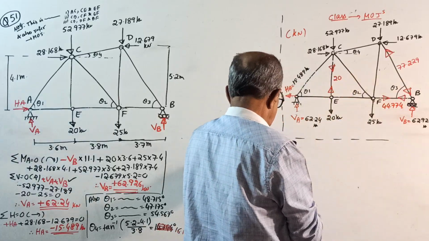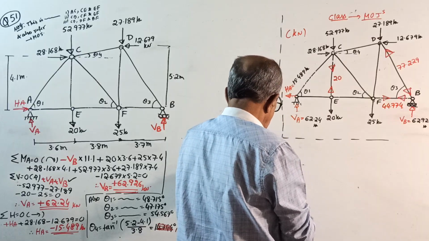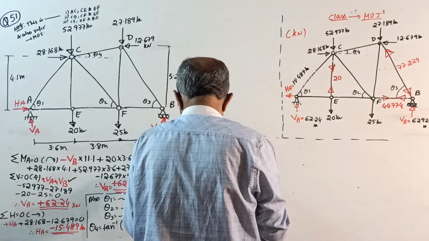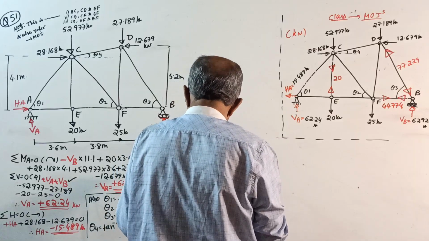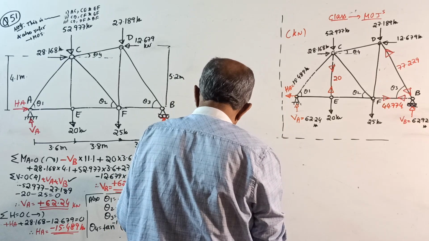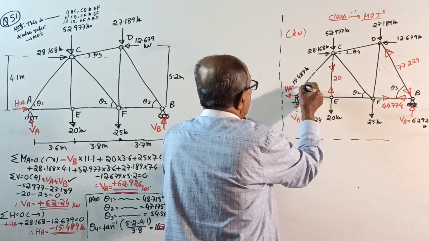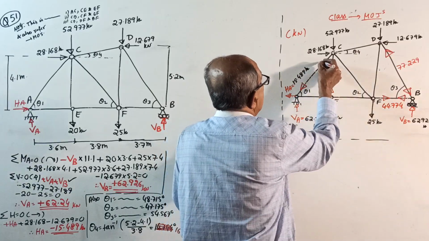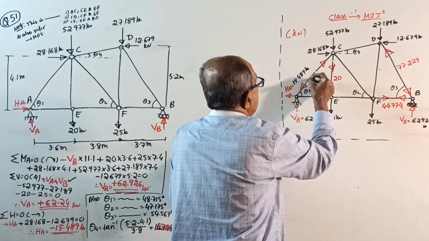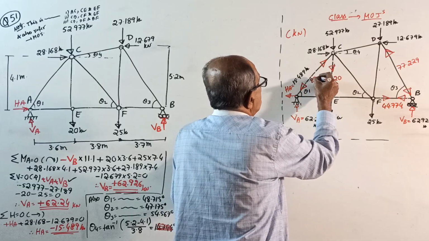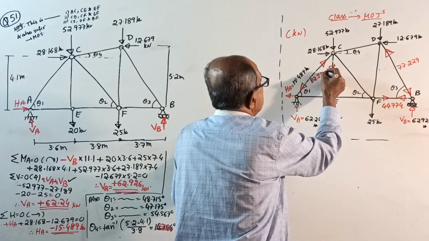Here, 62.24 divided by sine of 48.715, 82.828.